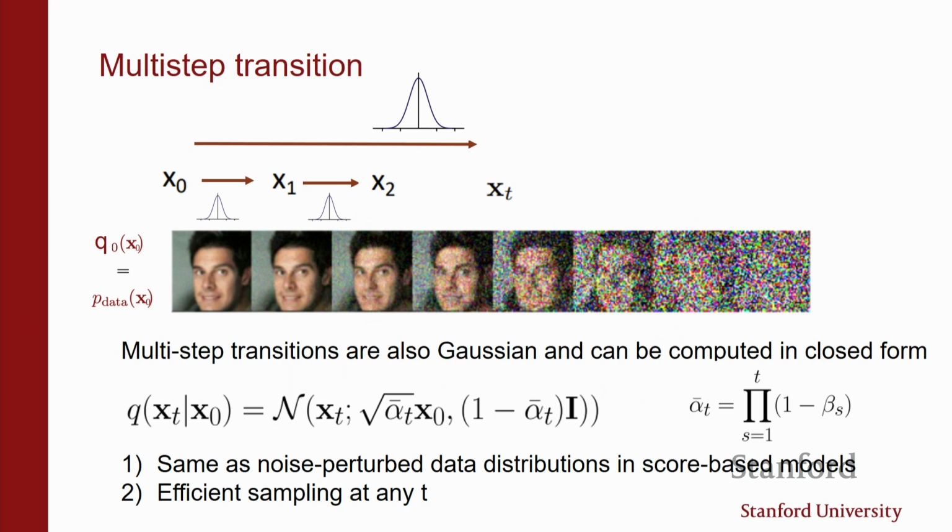So it still achieves the same effect, but we're thinking of it as a process that adds noise incrementally at every step, which you can also think of as a diffusion process.